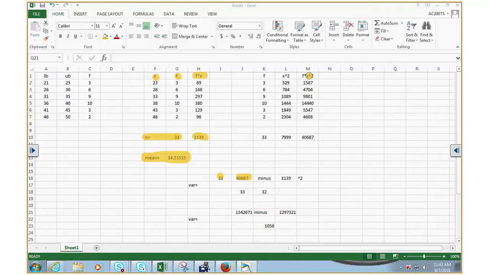The summation of f times what? F times x squared, minus the summation of f times x, but what am I going to do with the summation of f times x? I'm going to square it. And I put it all over n times what? N minus 1.